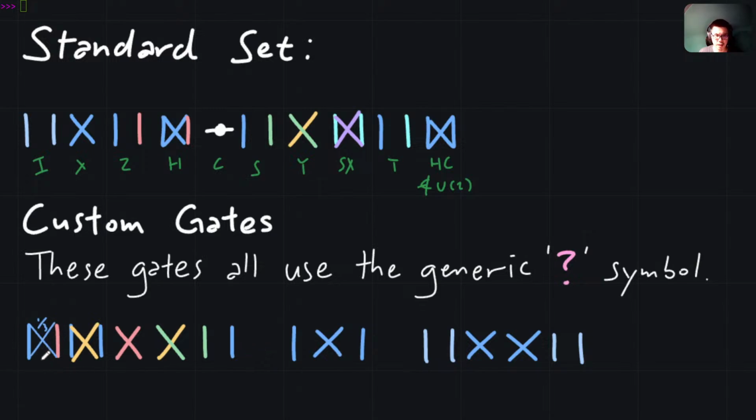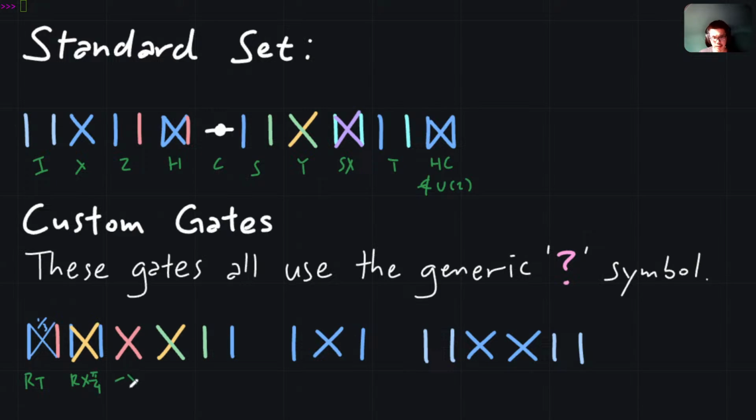These are the custom gates you have seen in some of the nodes. This H gate lookalike is called the RT gate. The RT gate is just a RY gate followed by an X gate. This is an RX gate, RX of a quarter turn, and it is equivalent to the SX gate up to a phase shift.